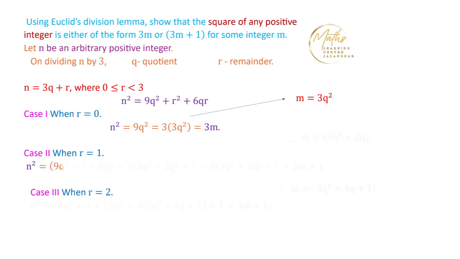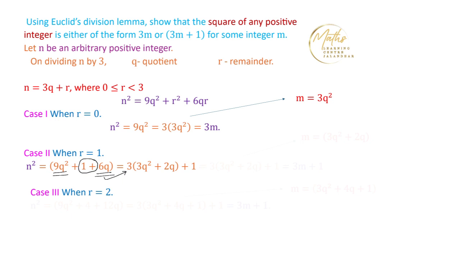In the second case, when r is equal to 1, the value of n square will be equal to 9q square plus 1 plus 6q. When we substitute r is equal to 1, we obtain this value. Now from the terms 9q square and 6q, we take 3 common. The only term left over is 1.